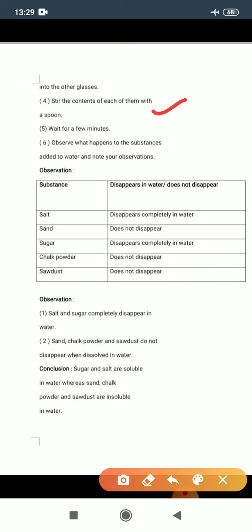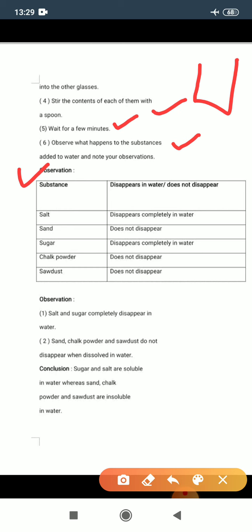Now you need to stir the content for proper observation. Point number 5, wait for a few minutes. Number 6, observe what happens to the substances added to water and note your observation. After stirring the content you need to wait few minutes, and after that you need to observe what happened.